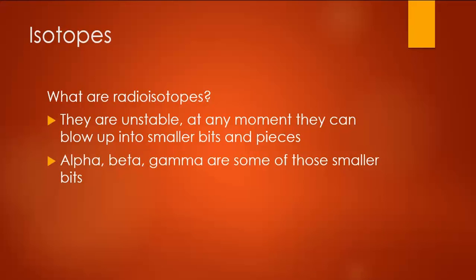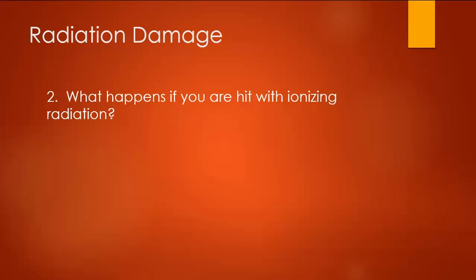When she does blow up, she could release alpha, beta, as Americans would call it, beta, if you're an English person, alpha, beta, or gamma, or some other combination of teeny tiny little particles. So, what happens if you're hit by a piece of something coming off of Serenity when she becomes something new? It could go straight through you.